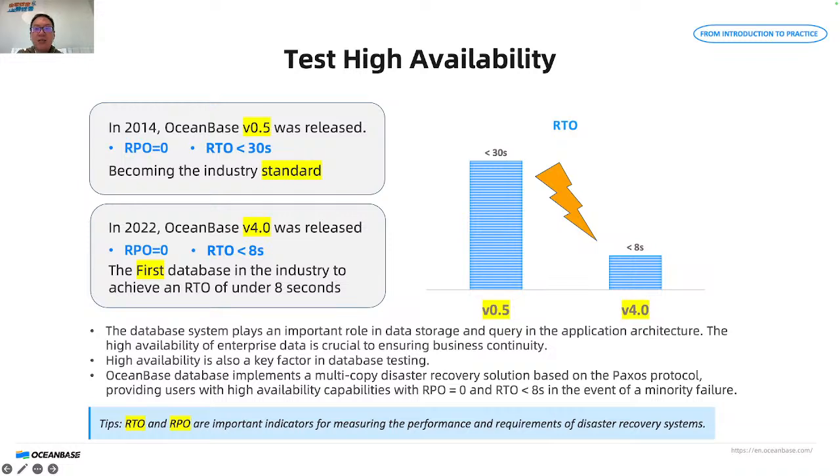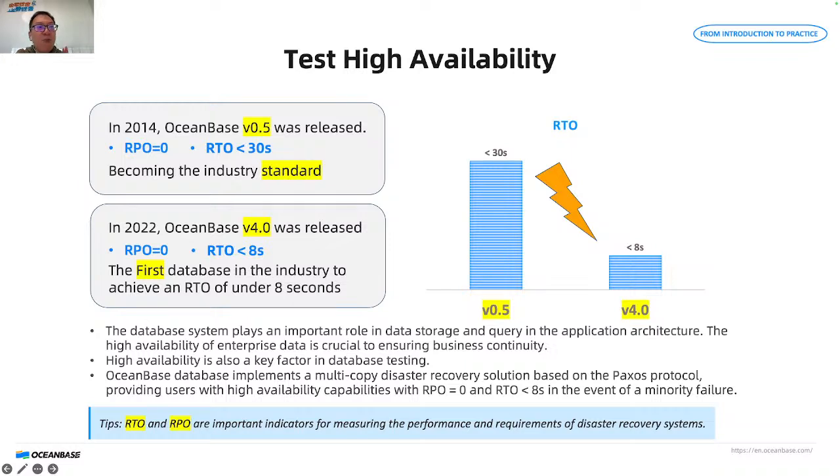OceanBase leverages the Paxos protocol to implement a multi-copy disaster recovery solution. In early versions, it achieved RPO of 0 and RTO less than 30 seconds, setting a new standard in the database industry.